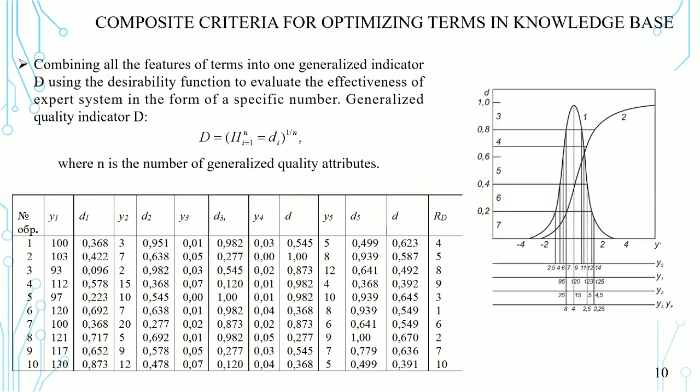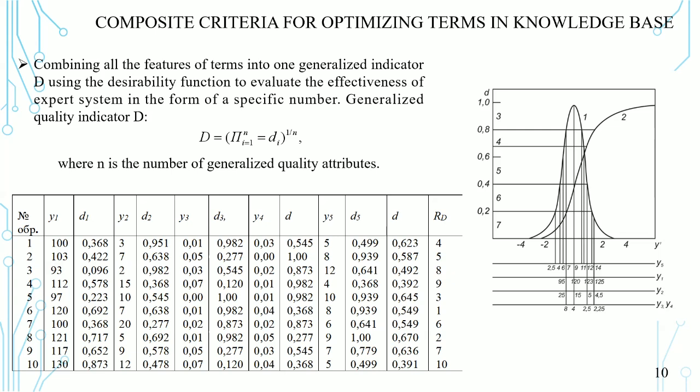In the last aspect of the reliability of such systems, that's the optimization of terms in the knowledge base. Any object in the knowledge base of the expert system is called a term. Could be words, numbers, and sometimes it's important to check the terms in the knowledge base for different mistakes.